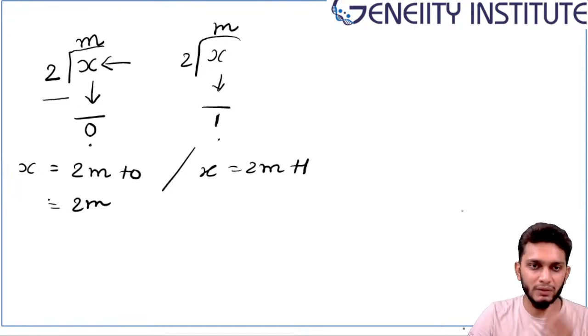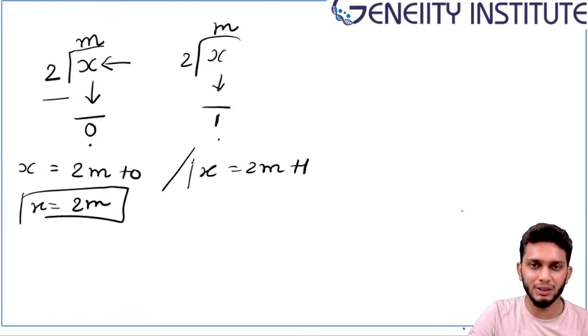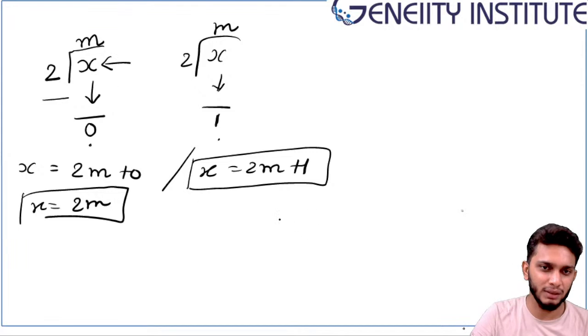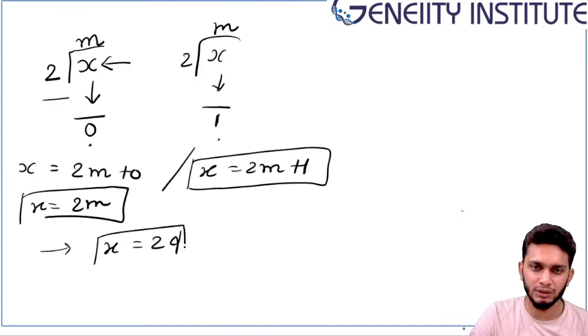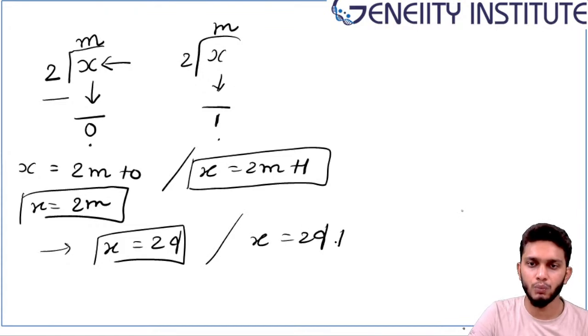Okay, so you can write x as 2m or x as 2m plus 1. If someone says I don't want to write quotient m, I want to write q, then x is equal to 2q and x is equal to 2q plus 1.